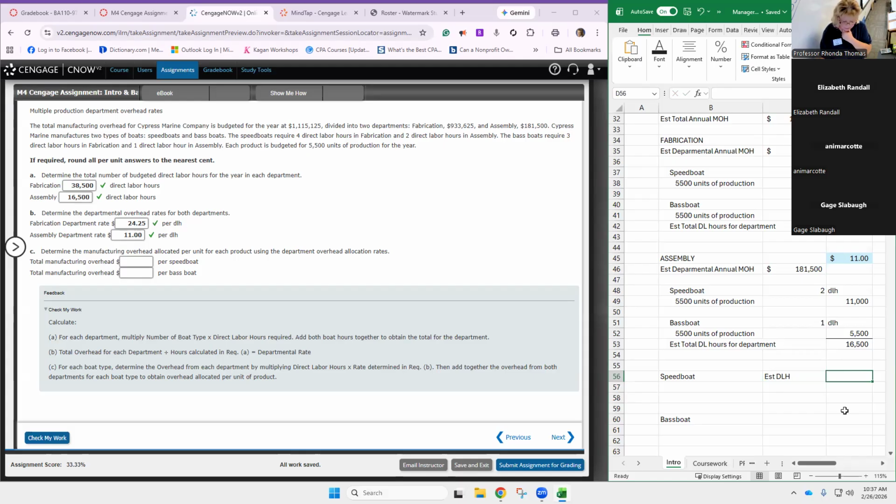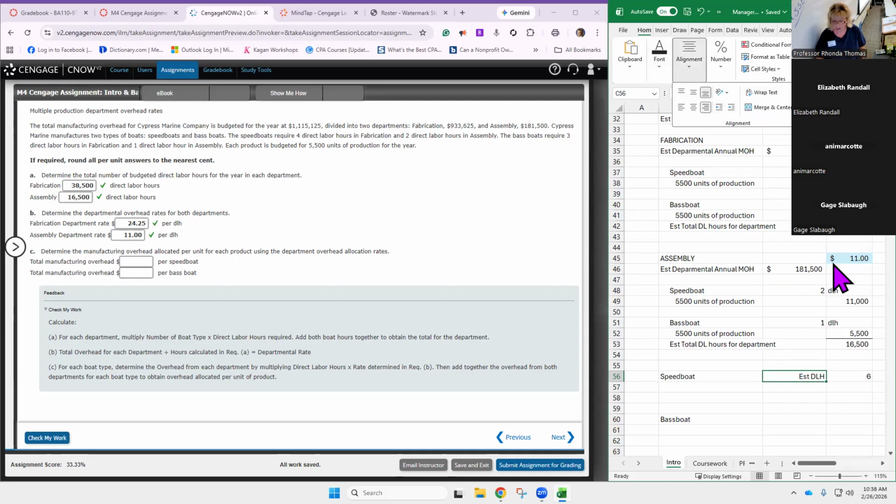Okay, we're going to add those together. So we're going to add 4 hours, because this is the speedboat, plus the 2 hours in assembly. So in total, a speedboat takes 6 direct labor hours, right? That's what I got.